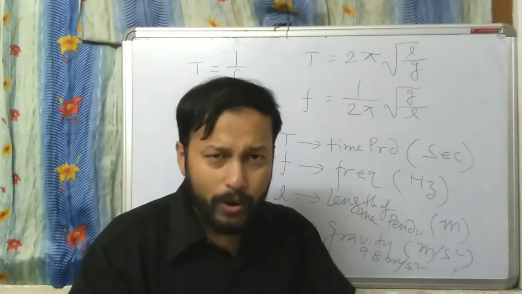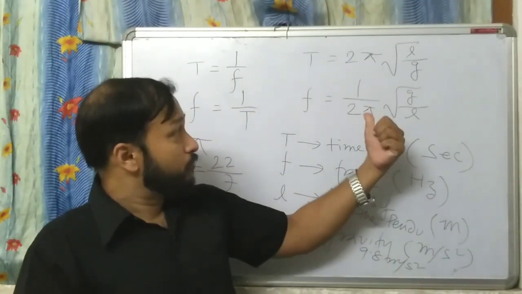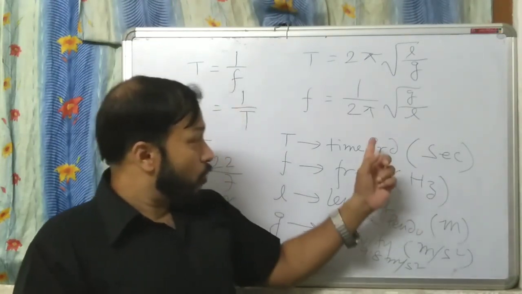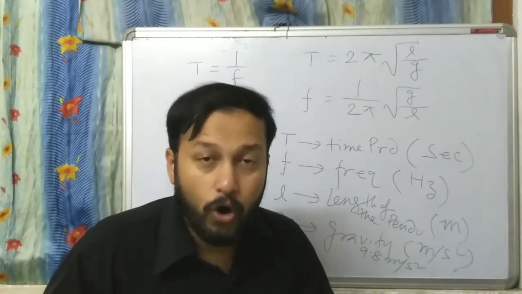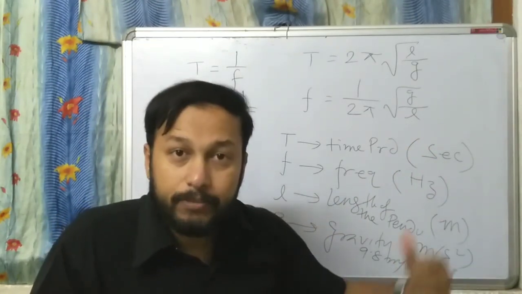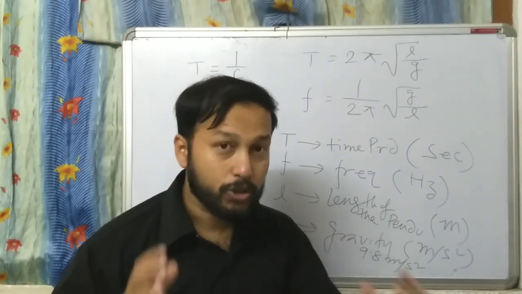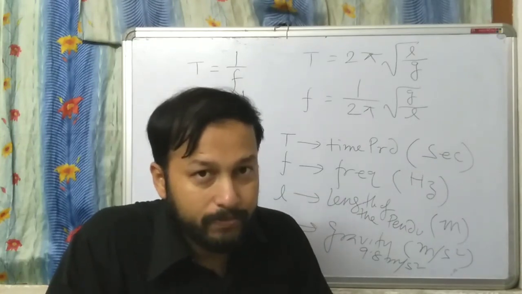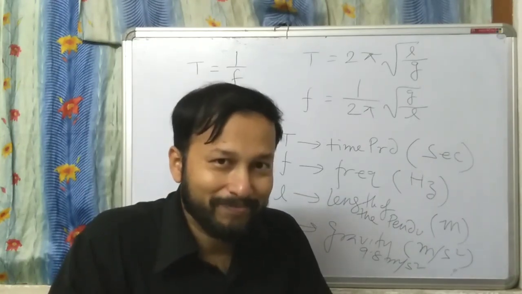That is frequency. After that we discussed these formulas also. You have to remember these formulas, and the units of all the terms used in these formulas are very important. I hope you got a complete idea about a pendulum. See you in the next video. Thank you.